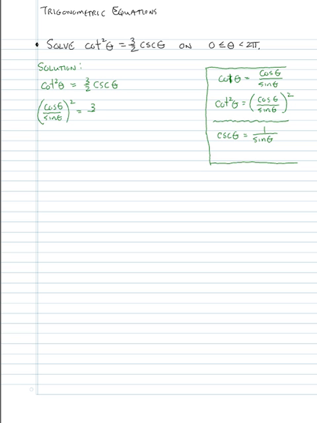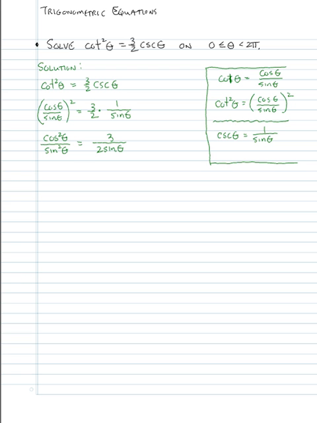And that's equal to 3 over 2 times cosecant of theta, which I'm replacing with 1 over sine of theta. Now on the left side, when I square a fraction, I square the numerator and the denominator. So the left side is cosine squared theta divided by sine squared theta. And of course the right side is the fraction 3 over 2 times sine of theta.